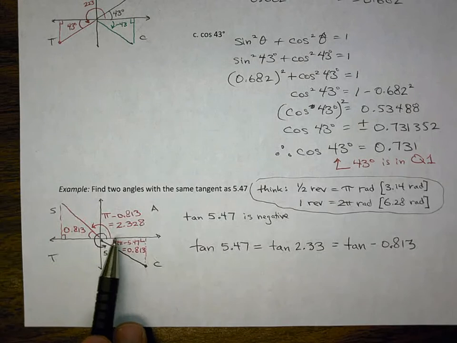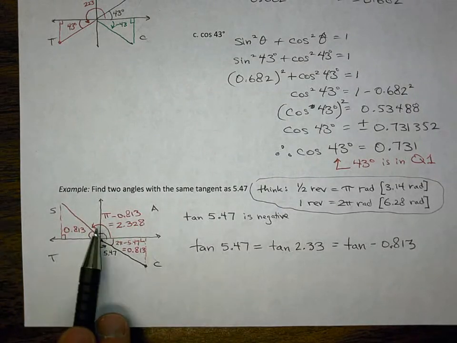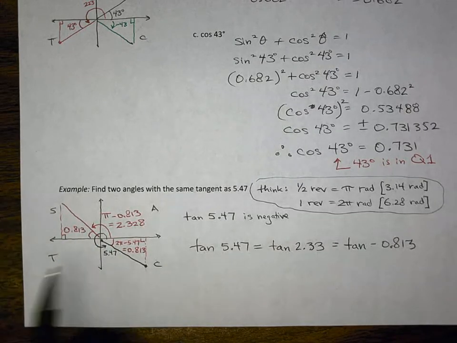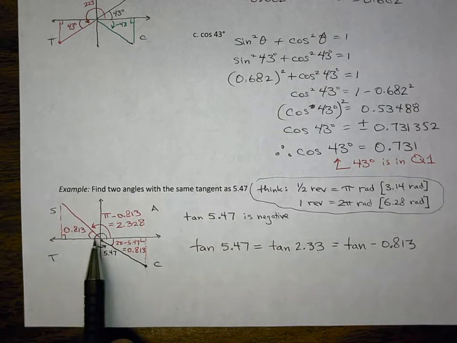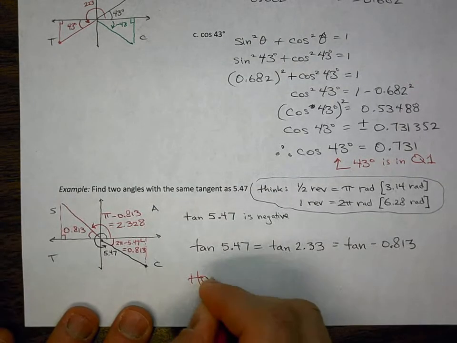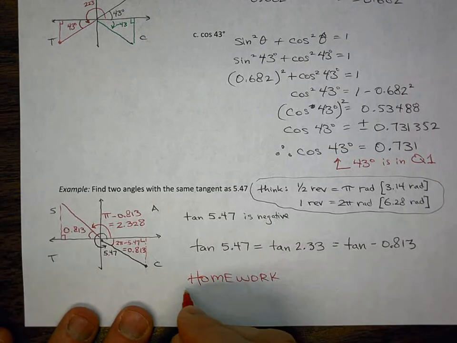There are an infinite number of ways I can represent tan 5.47. I could do 1.5 revolutions, I could do 5.5 revolutions, and all the time I'm landing on that position which has the same value as tan 5.47.